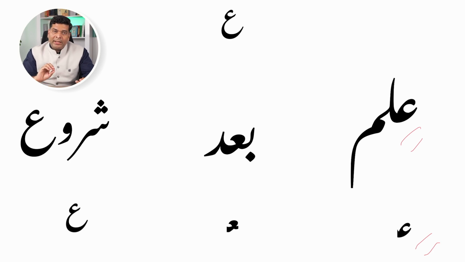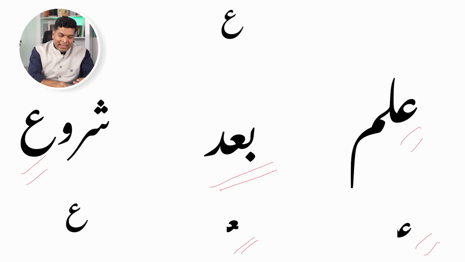When an comes in the middle, for example, we have this word called bad, where an comes in the middle. Here, it is taking a slightly different shape, and it is no longer open, but that loop is slightly closed, and you have to understand that this is an. But in the end, an maintains its shape. It's called shuru, right? So this is how it moves.